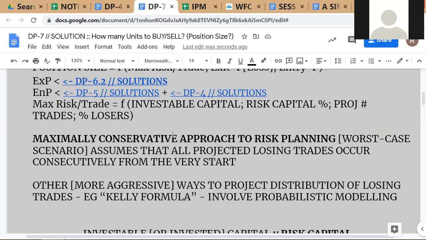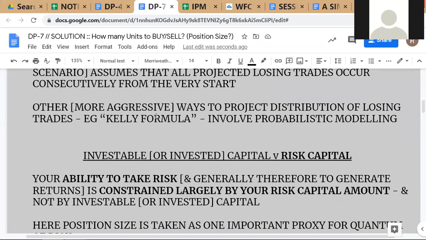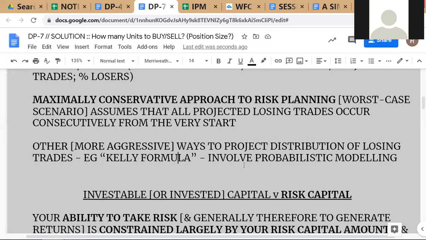I would always guide you towards this approach. But you should know about this, because this is more popular in industry. But when you actually do your trading, I always prefer this because this is guaranteed to protect you. This is much more likely to protect you than this one.